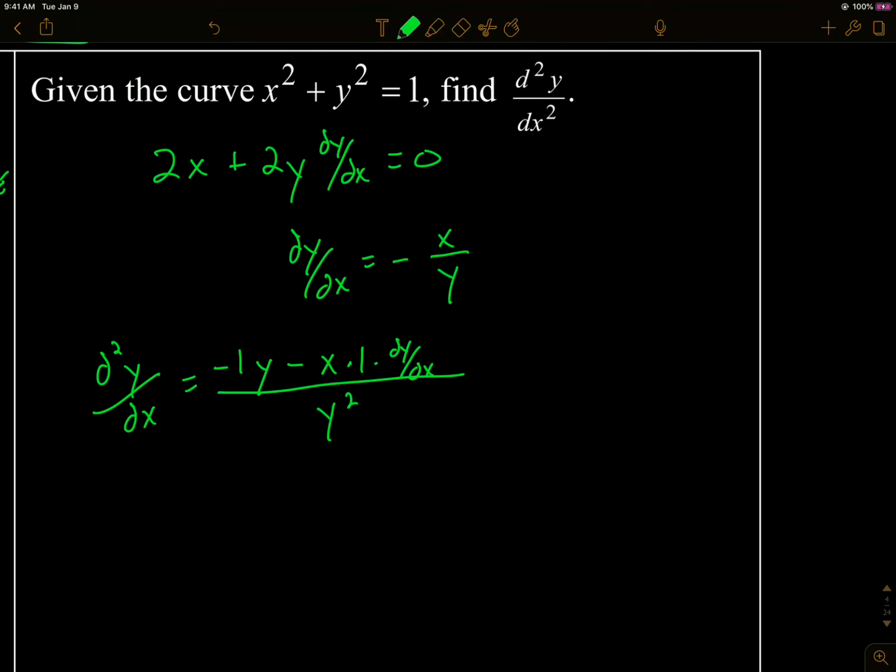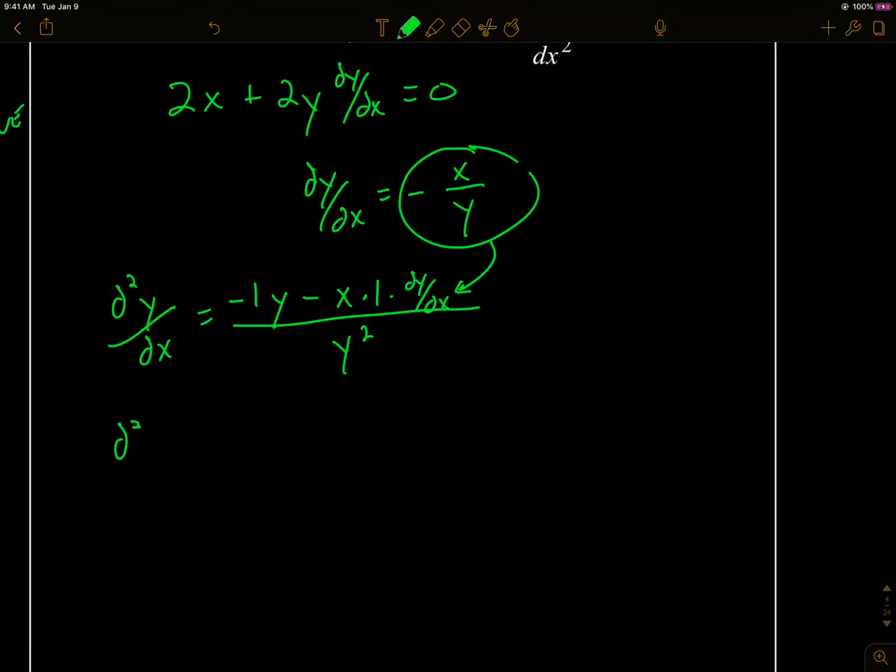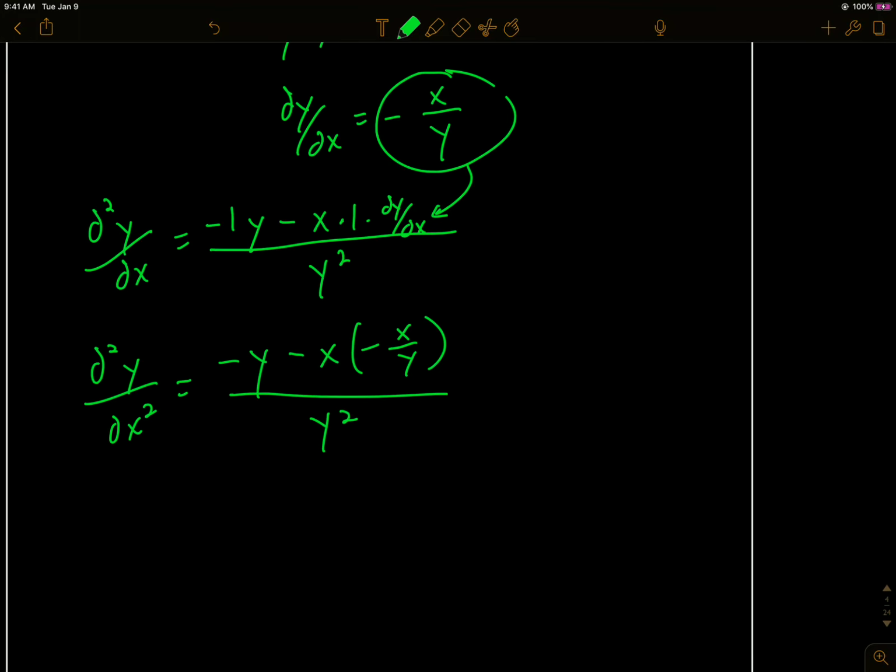So I know dy/dx to be this, so I need to substitute it in. I get negative y minus x times negative x over y, all over y squared. So I simplify by saying it's negative y plus x squared over y, all over y squared.